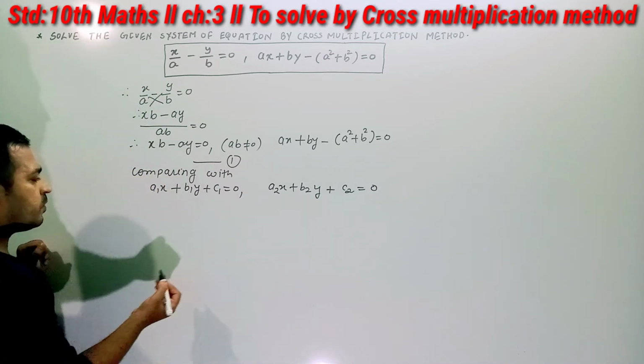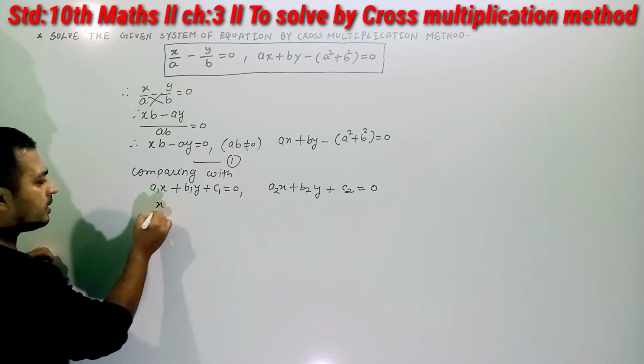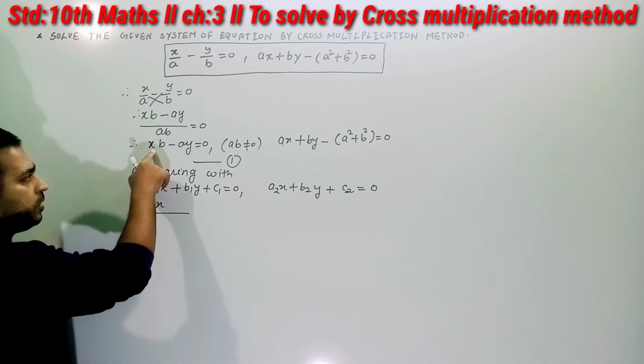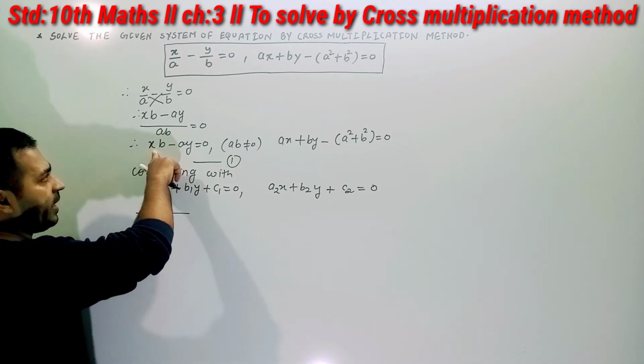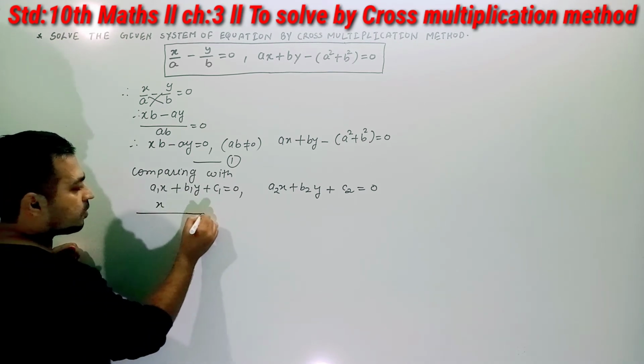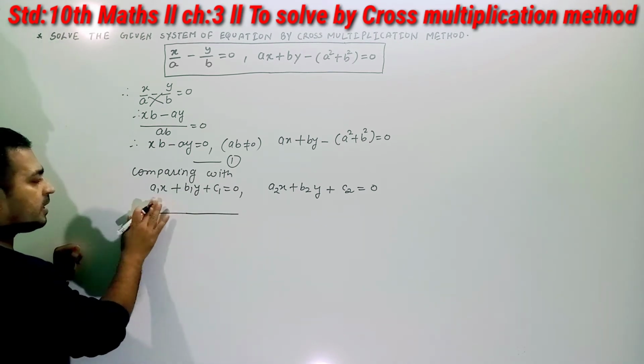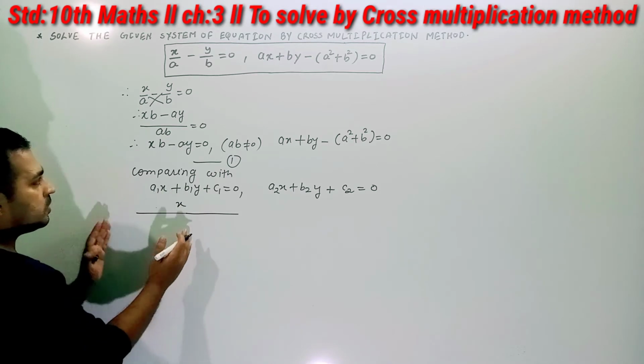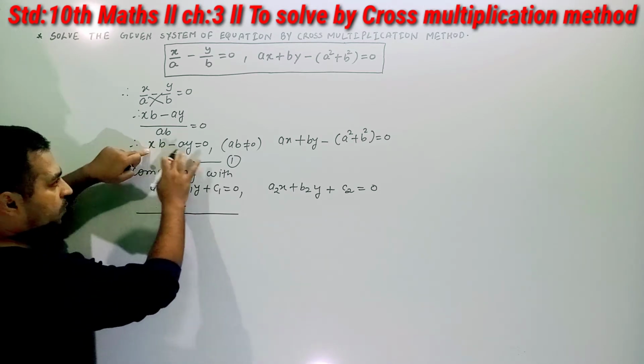We know that in the cross multiplication method there is a formula: if you want to find x, don't take the coefficient of x.